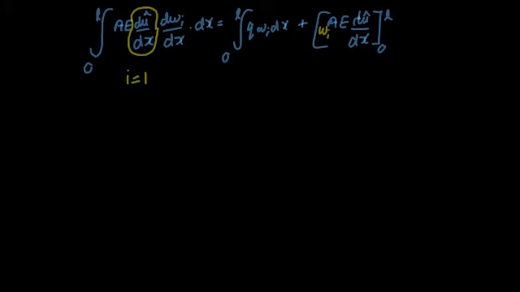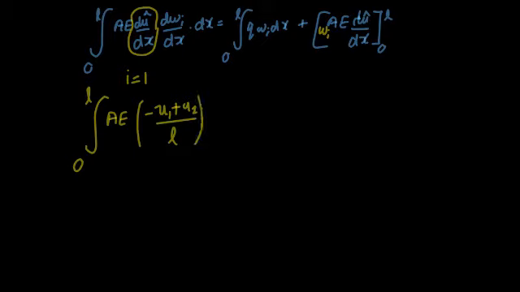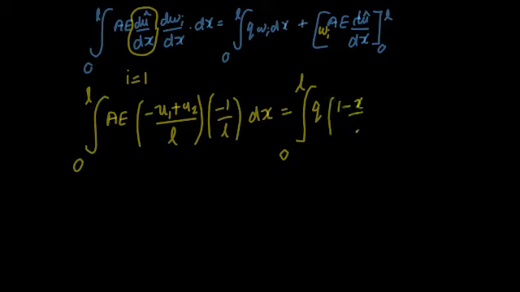So in the next step, I'm going to put the values now. It is the integral over the limit 0 to L of AE into minus u1 plus u2 over L, which is the value of du over dx, and dw1 over dx is minus 1 by L, into dx, equal to the integral over the limit 0 to L of q, and the first weighting function w1 is 1 minus x over L, into dx, plus the second term, wi into AE into du over dx.